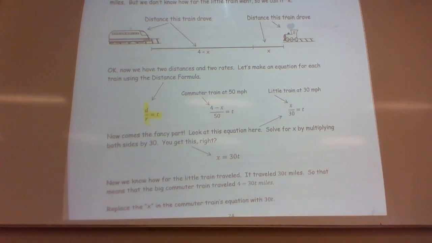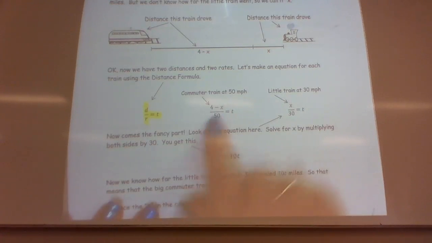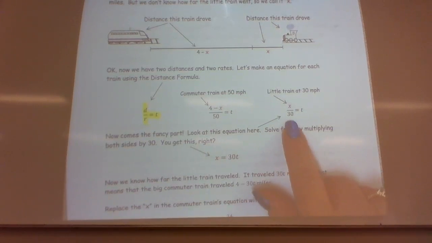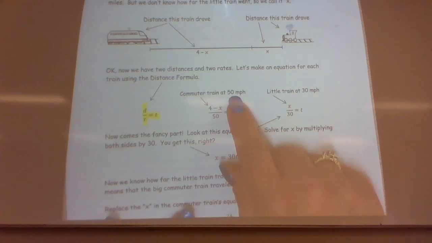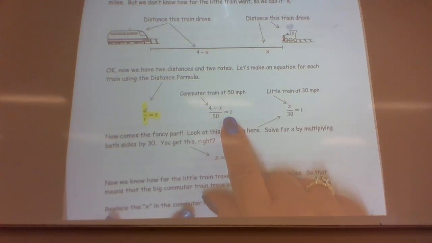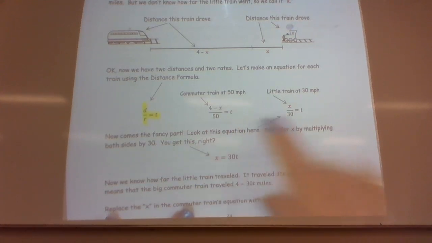So we know that this first distance is 4 minus X. And we know that the little train is traveling 30 miles per hour, and the commuter train is traveling at a rate of 50 miles per hour. We don't know the time. That's what we're trying to determine. So we've got (4 minus X) over 50, and then X divided by 30 equals T.